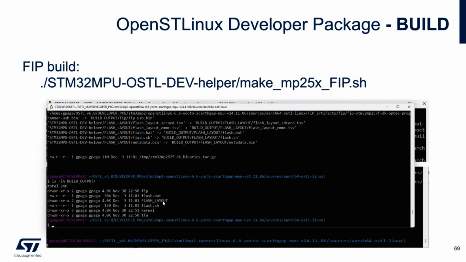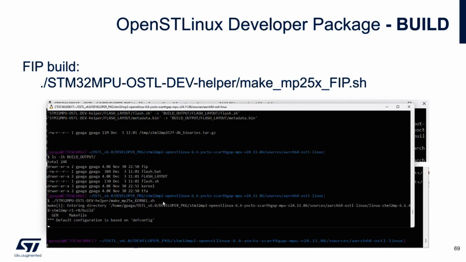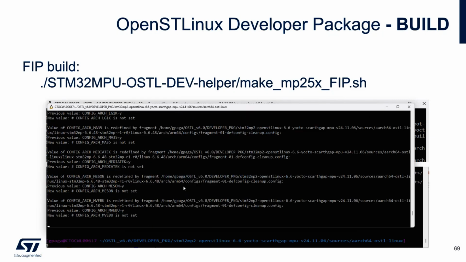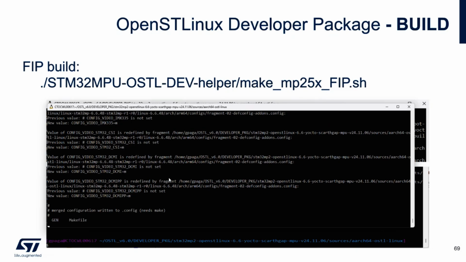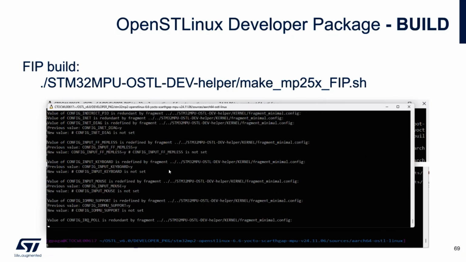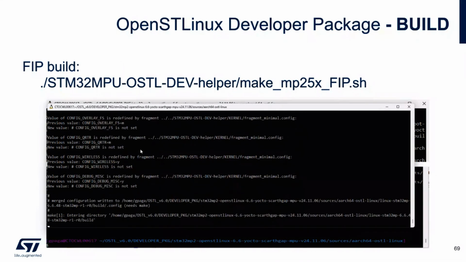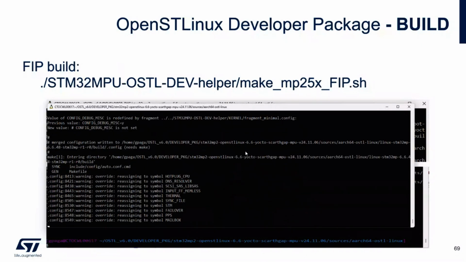I want to run the build kernel. The kernel build consists in the configuration of the kernel, and this is the process that configures the kernel using the fragment. We are using the fragment for creating the configuration.